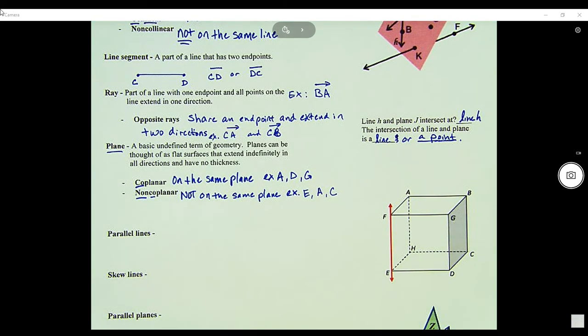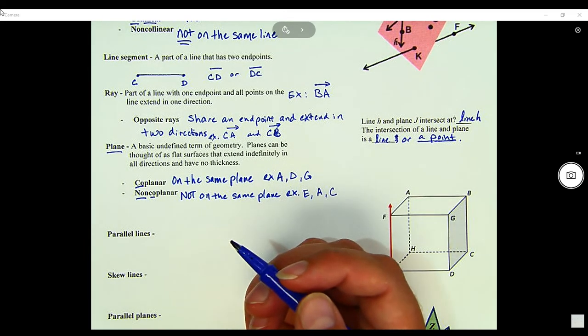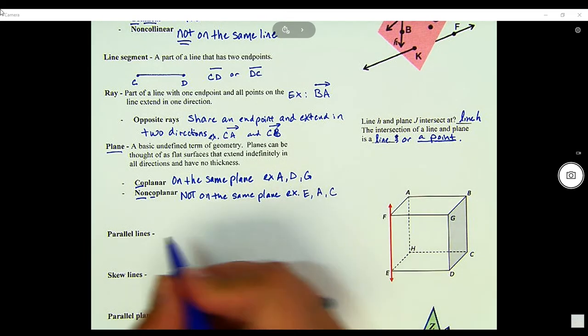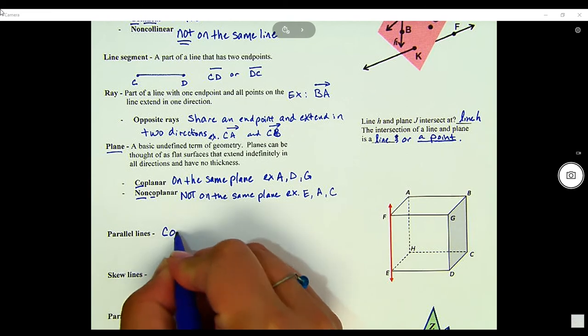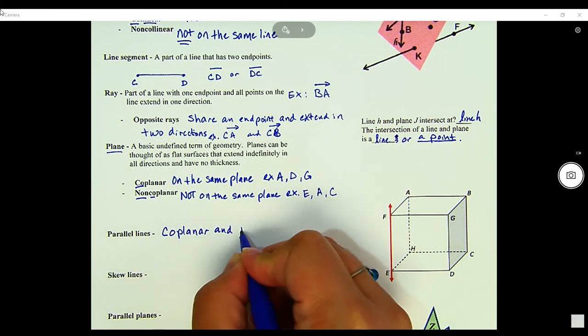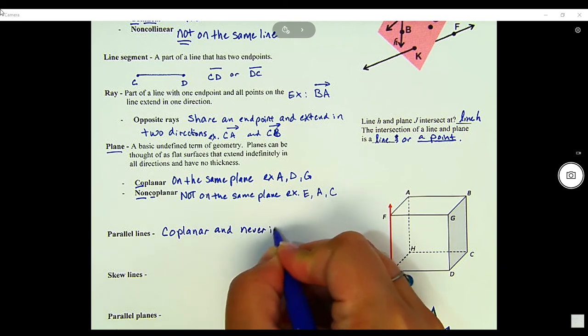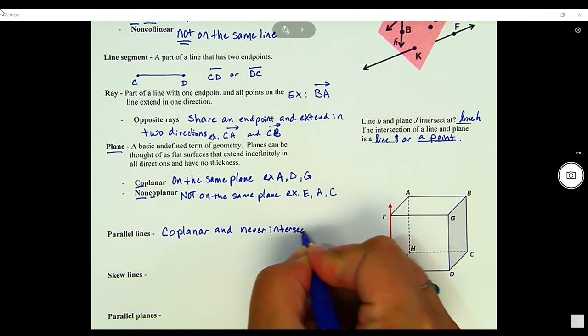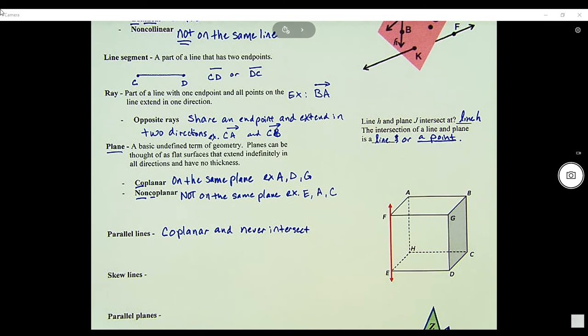All right, parallel lines, you learned about these in Algebra 1. Parallel lines are lines that never intersect. They are coplanar and never intersect. They never cross, they never meet.